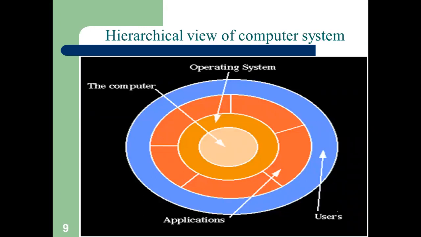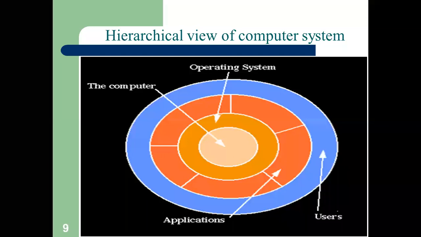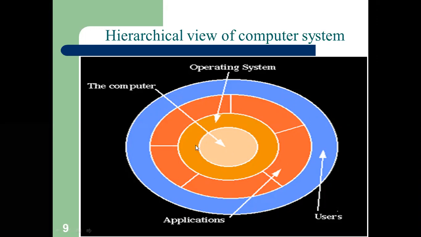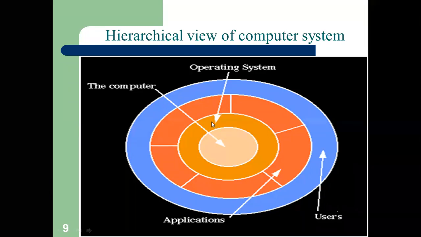Now here you can see the hierarchical view of the computer system. In this diagram you can see the central part, which is called the computer. The operating system resides at layer number one, the central part, the first layer. The second layer is the operating system.